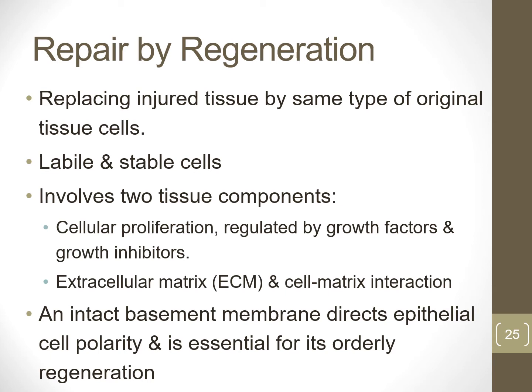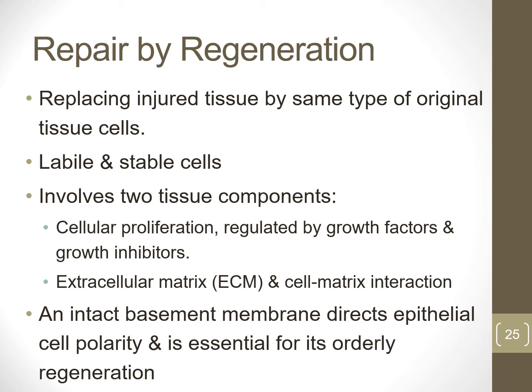Now, the process of regeneration involves two tissue components, the cellular component and the acellular or the extracellular matrix component. So we have cellular proliferation, and this is regulated by growth factors and growth inhibitors. We have the extracellular matrix and cell-matrix interaction, which is part of the regeneration process.